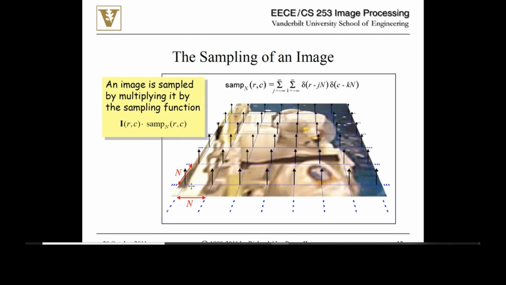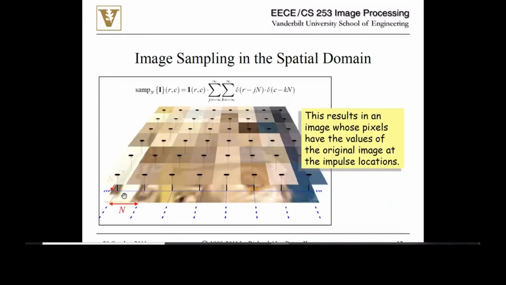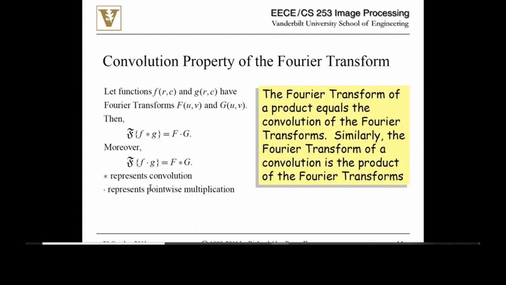And then we are multiplying the input image by this train of deltas. This is what we get. So this is the sampled image. So it is 1 every n of the input samples. And then this is a reminder of the convolution property.